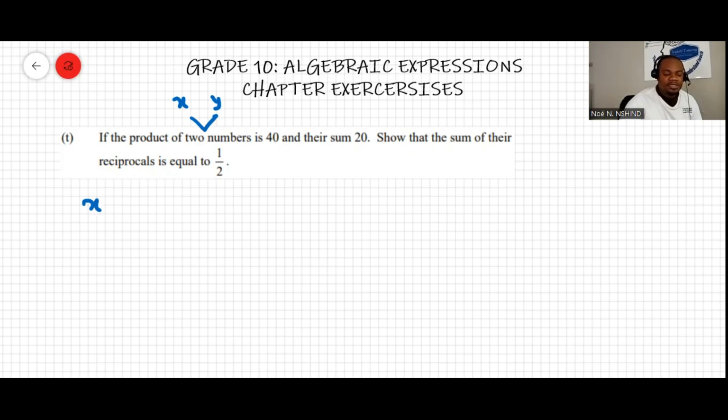So it means that x times y equals 40 and x plus y equals 20. Then we need to show that the sum of the reciprocals is equal to a half. The reciprocal of x is 1 over x, and of y is 1 over y. So therefore the sum will be 1 over x plus 1 over y equal to a half.